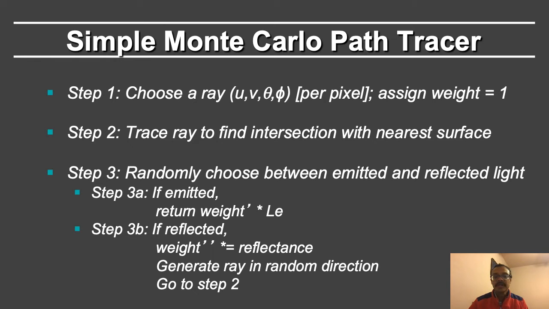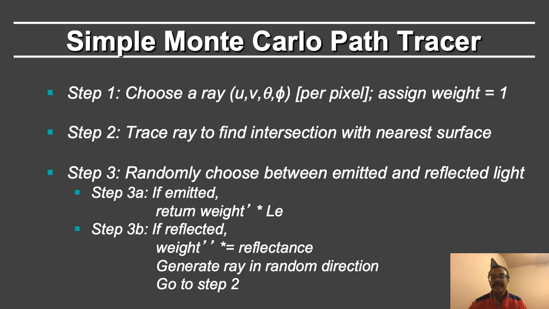Here is a simple Monte Carlo ray tracer. You choose a particular ray per pixel. Notice that in this case, the ray can also go through any pixel location U and V through that pixel. You assign a weight equal to 1. You trace the ray to find the intersection with the nearest surface. At this surface, you randomly choose between sampling emission paths and sampling reflected paths.